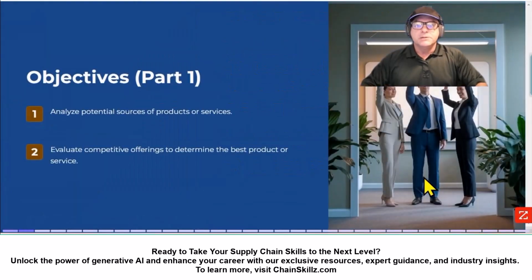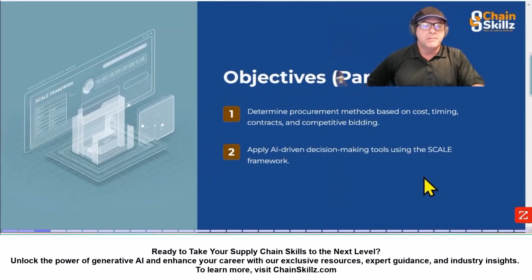So again, the first part of the framework is to analyze potential sources for products and services, evaluate competitive offerings to determine the best product or service, determine procurement methods based on cost, timing, contracts, and competitive bidding, and apply data-driven decision-making tools using the SCALE framework.